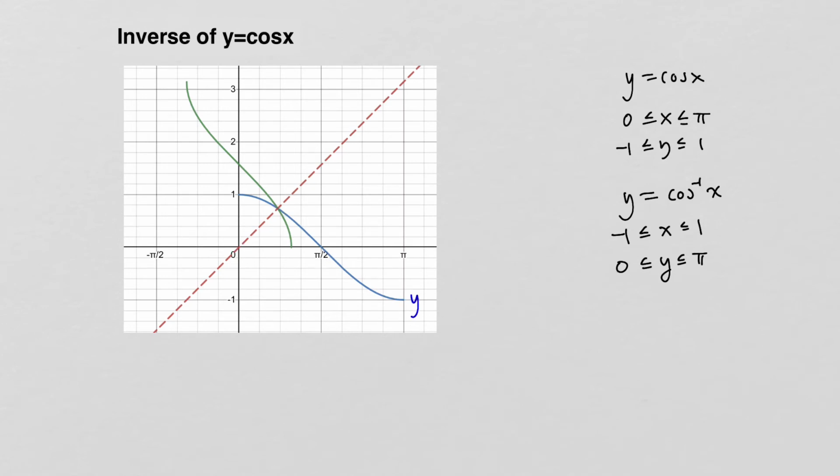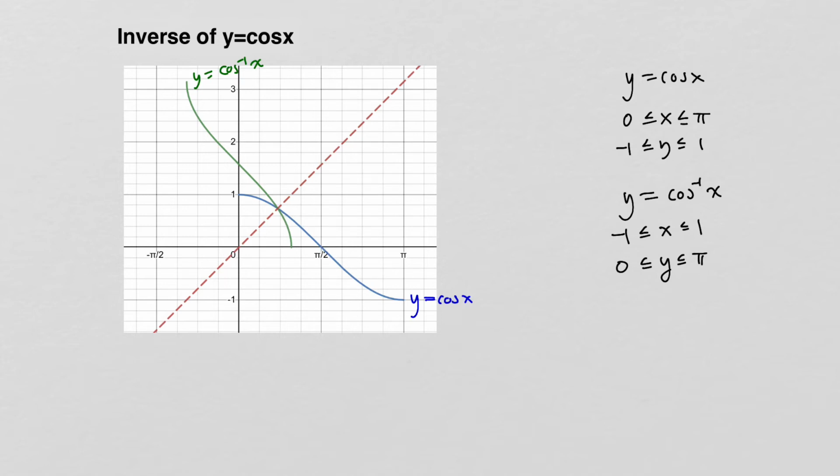We have our function y equals cosine of x here with the restricted domain. And the inverse cosine is this other graph here. Once again, you can see that we have symmetry across the line y equals x. Now, I don't want you worrying too much about these graphs. You're not going to have to graph inverse functions. I just want you to see that indeed it does have that graphical relationship.